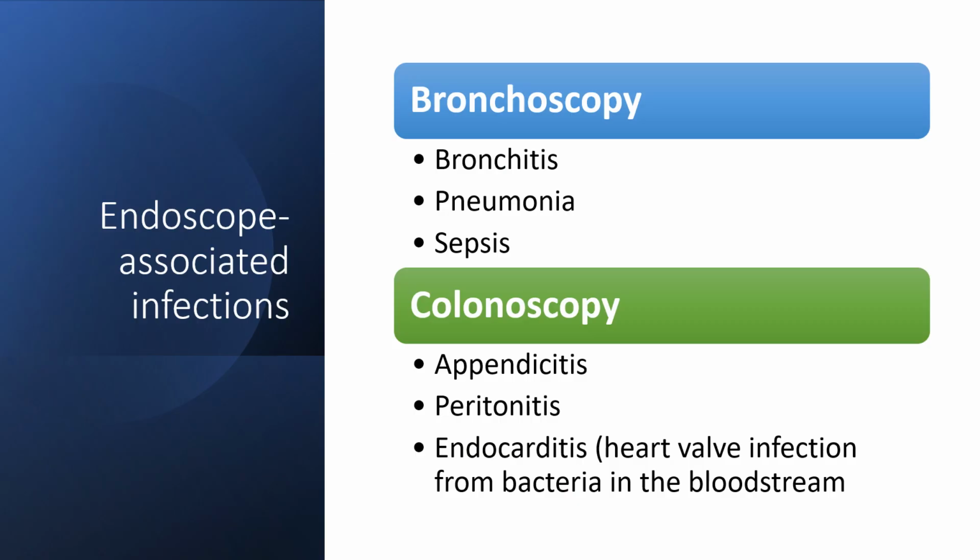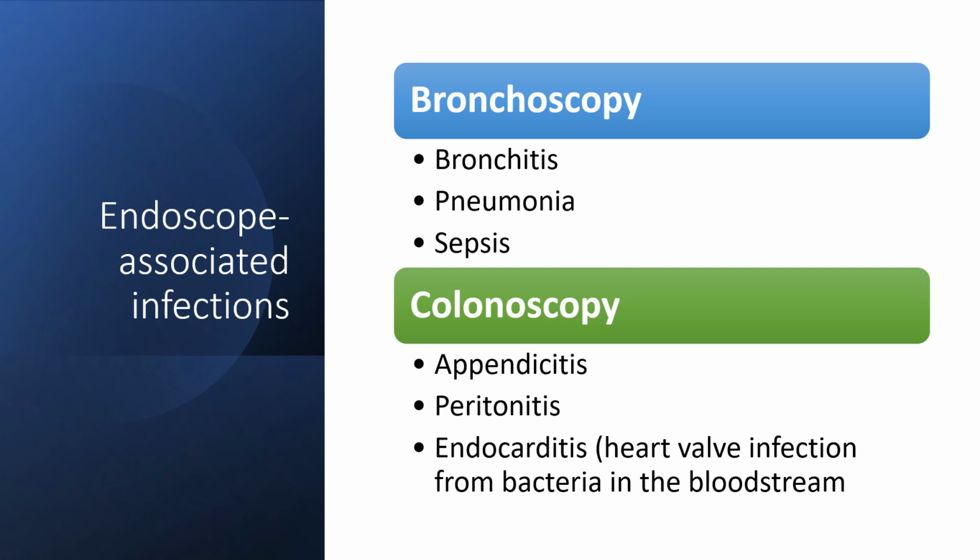All right, so the next few slides are going to discuss different types of infections that are related to endoscope procedures. They are very specific to the area or the anatomy where the procedure is being performed. So the first one is your bronchoscopy, that is looking at your lungs, your bronchioles. By nature, you might have some inflammation of that area. So bronchitis is inflammation in the bronchi or the bronchioles from your lungs.